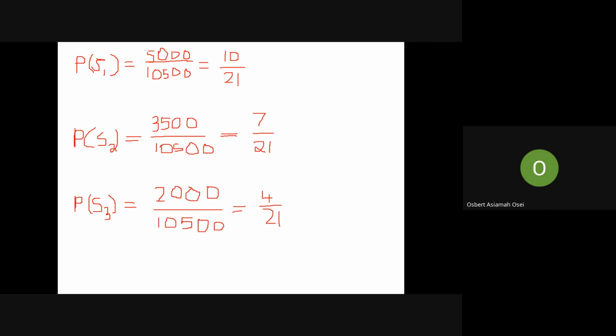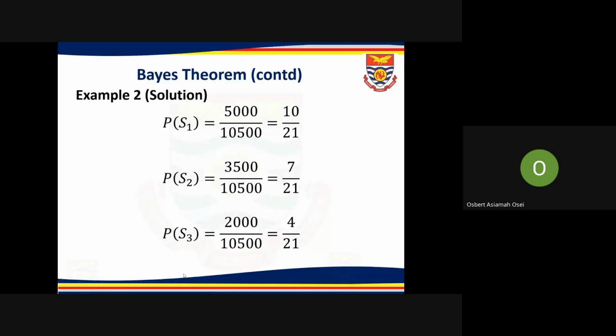I hope we get it. So the first thing to do is to get the probabilities as we've had here. That is on the next slide. So having had the probabilities, you now set up the tree diagram. Why do you do that? The tree diagram helps you to visualize it so that you can just pick the various ones that you need in your formula.